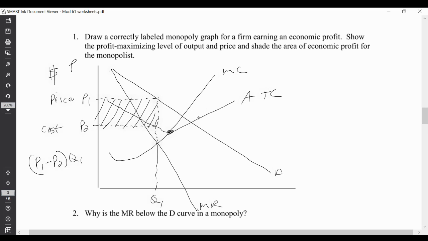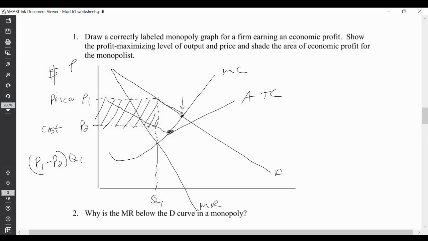Now, in a perfectly competitive market, they would be right here at equilibrium, right? So in a perfectly competitive market, we'd actually be producing more at a lower price, but it's a monopoly and they're price makers and they're inefficient. So there is deadweight loss here.